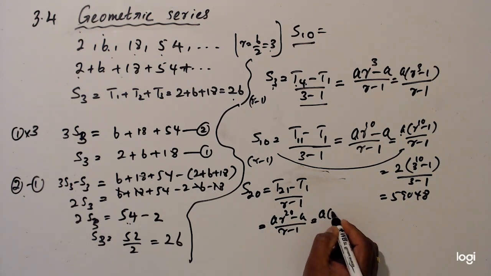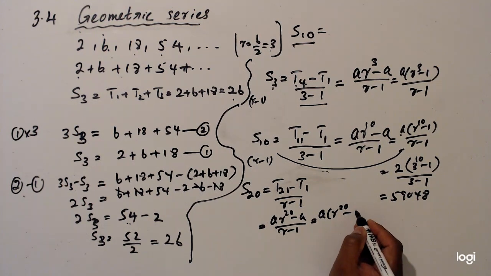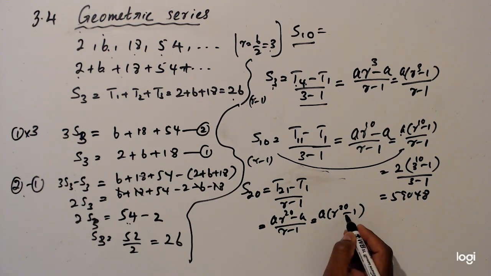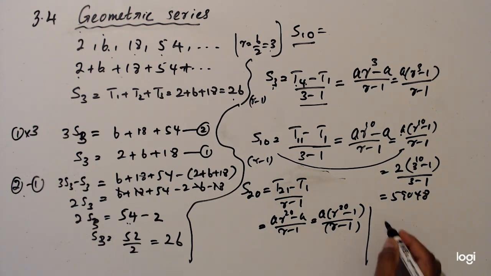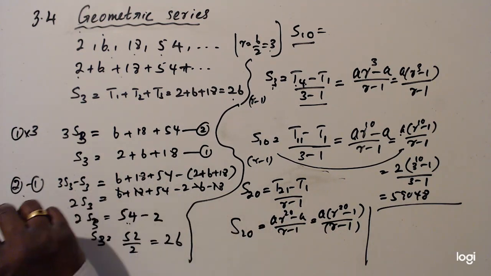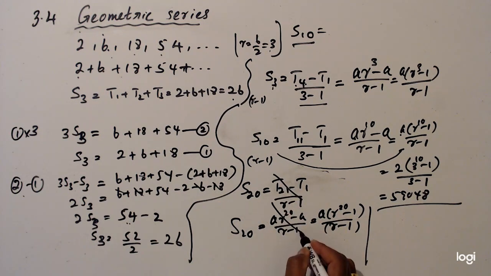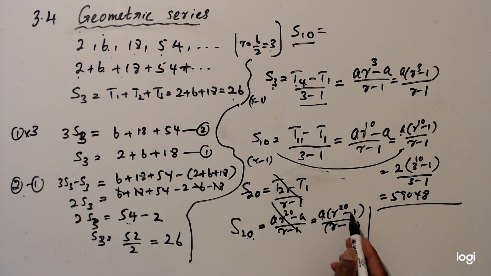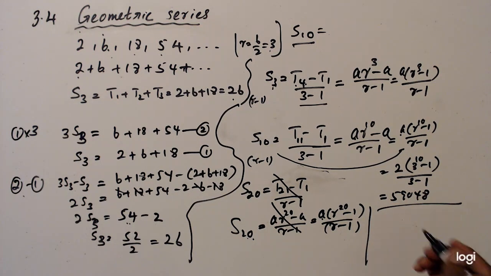That is A times (R^20 minus 1) over R minus 1. Another one. Now this is S20. Now you can forget about this part in the middle. Now S20, if you want, you need A, then R^20, the same value, and the common ratio.